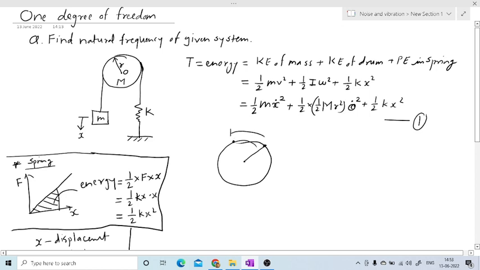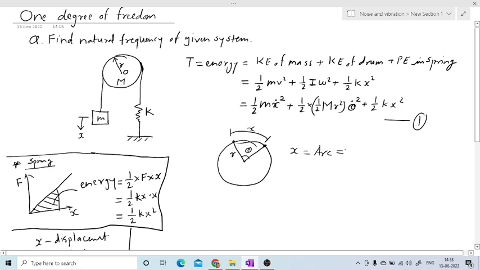So the arc which is moved by this point will be x, and the angle turned in between will be theta. So when this mass is going to move by distance x, this drum will be rotated by angle theta. Now we want this x, and this x is nothing but the arc of that particular disc.